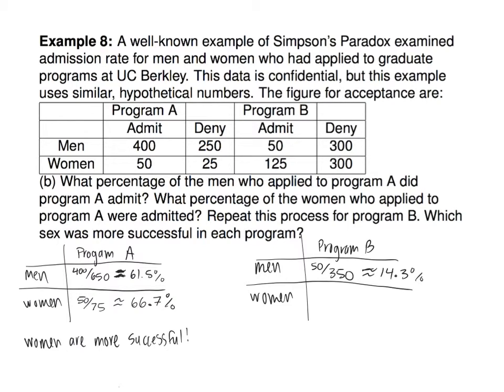And for the women, it's about 1.5. And in that one, women were a lot more likely to be successful, weren't they? It's kind of a crazy thing, isn't it?